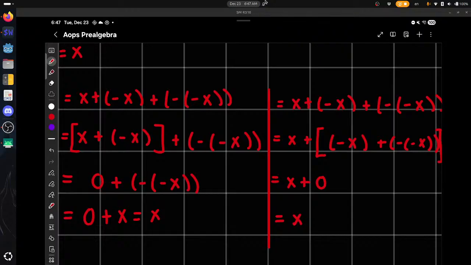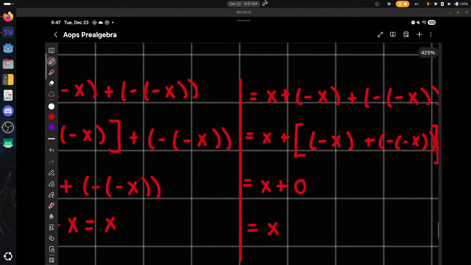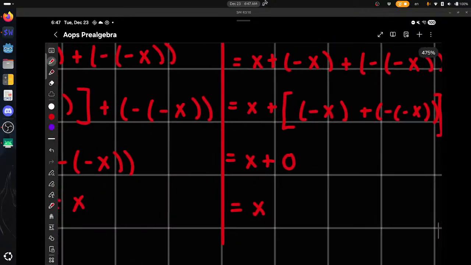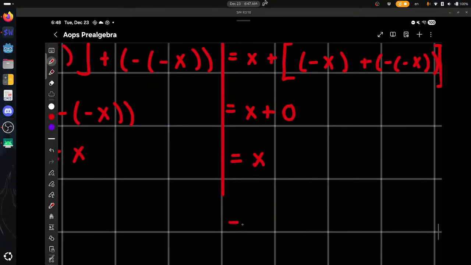They word it differently. They're saying, however, suppose we start by adding negation x plus double negation first. Since double negation is a negation of negation x, holy crap, that's a lot of negations. But I think what they're trying to say is that negation x also has an additive inverse. So what do we get to equal 0? Like, what do we place right here?